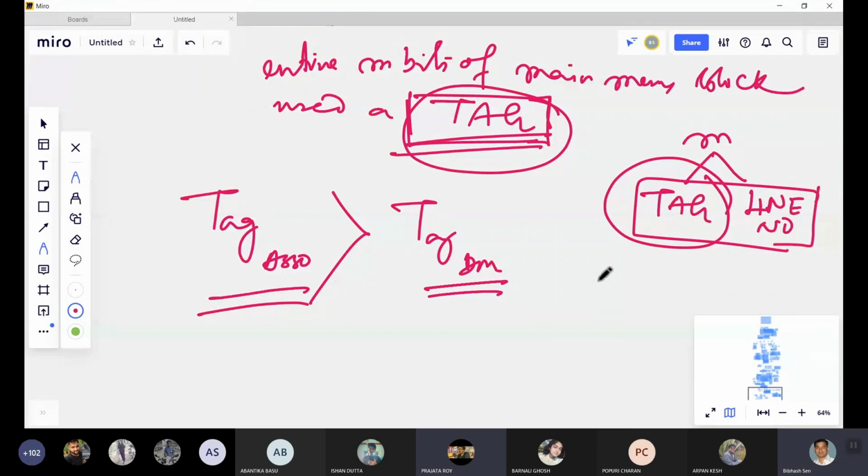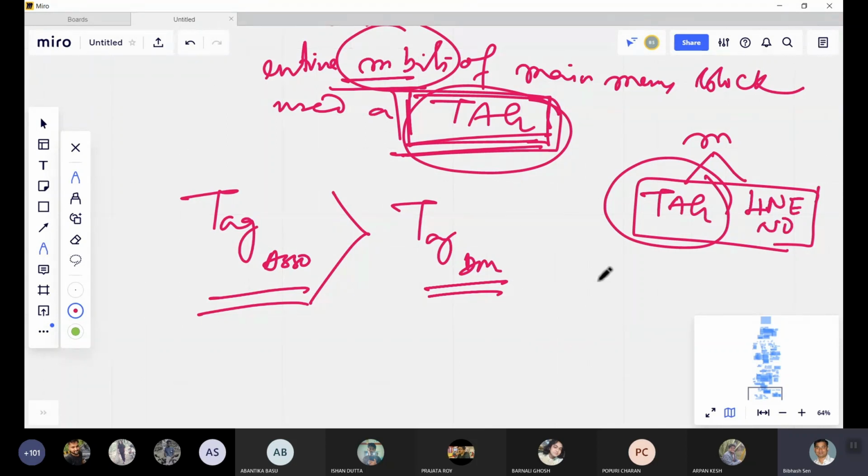I am writing that the M bits of the main memory block are now completely converted to the tag of the cache line, because it can be located anywhere in the cache. I am repeating this: since a main memory block can be mapped to any cache block, the entire M bits of the main memory block address have to be used as a tag.